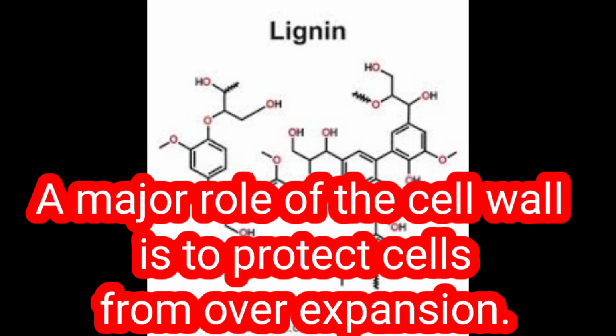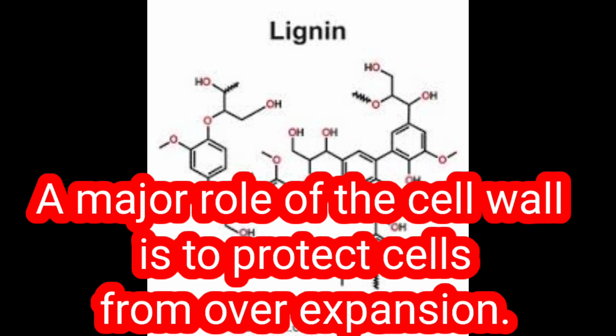A major role of the cell wall is to protect cells from overexpansion. It is like a tire protecting a tube inside it. The protoplast, cell membrane, and cytoplasm are very delicate. When the cell wall is there, their protection is guaranteed.